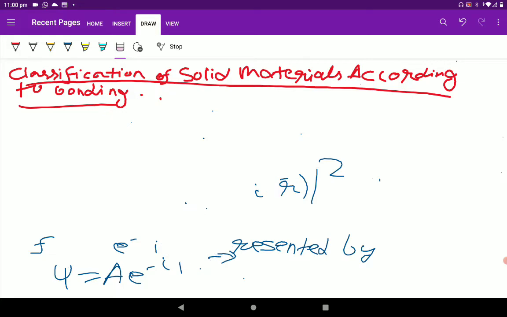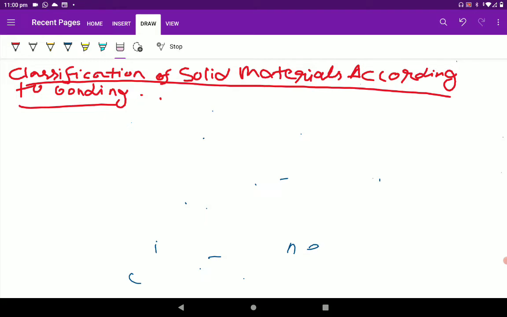If we talk about metals, they have low density and their density is constant, and the electrons act like a glue in the case of metals. Now if we talk about the ionic crystal, let me clear this first. Okay, so these are the cations.